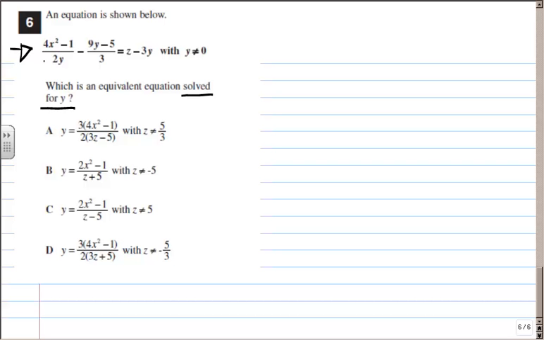Looking at your equation, you have denominators, and I don't like to have denominators in my equation, so I need to find a common denominator here to multiply everything in such a way that the fraction lines will be gone. I have a fraction over 2y and the second one over 3, right? What is the common denominator of 2y and 3?